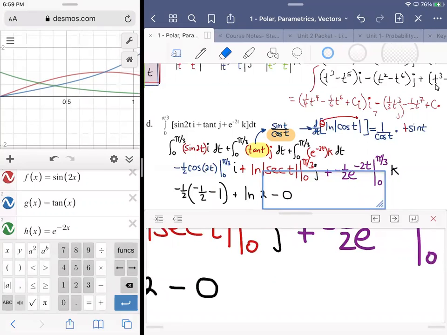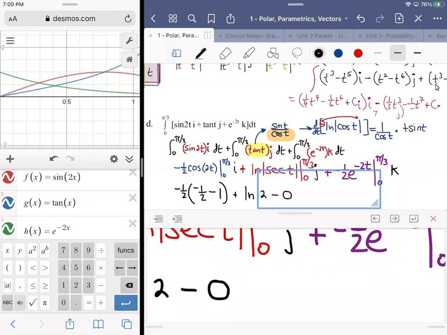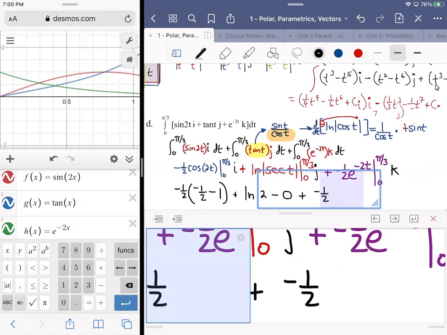All right. Now, the last bit, there's really nothing I can do except to pop in the pi over 3. So minus, I'll leave the plus actually. So plus, we're looking at negative 1/2. We'll leave that coefficient separate.